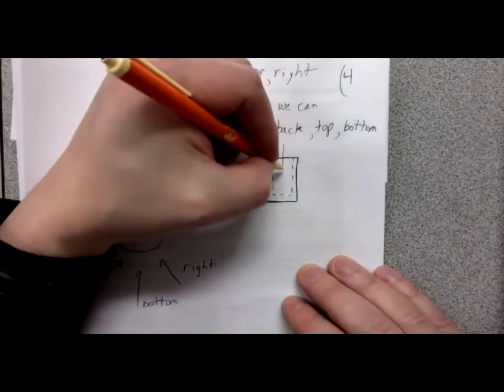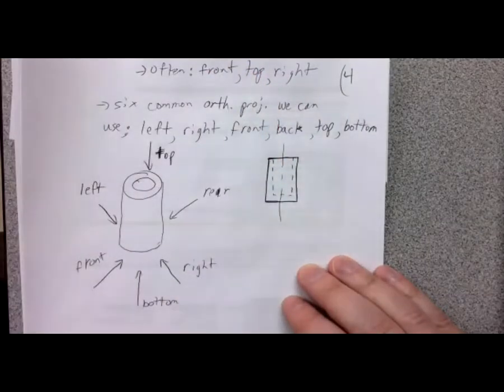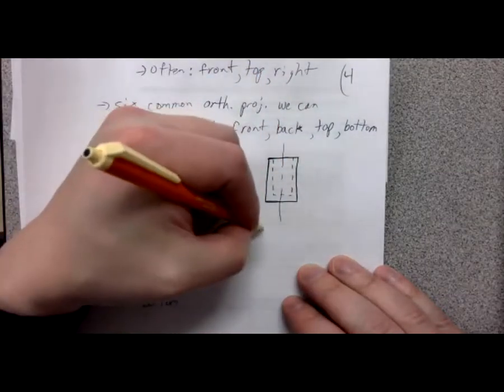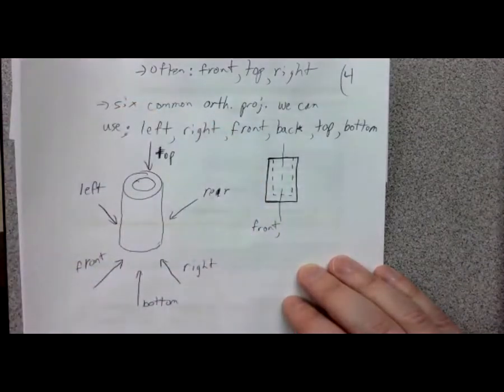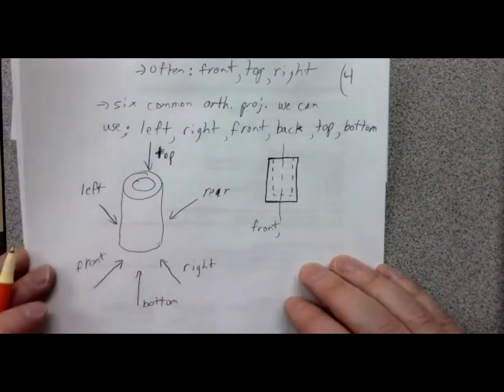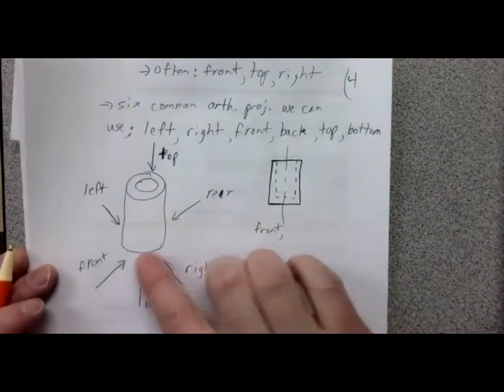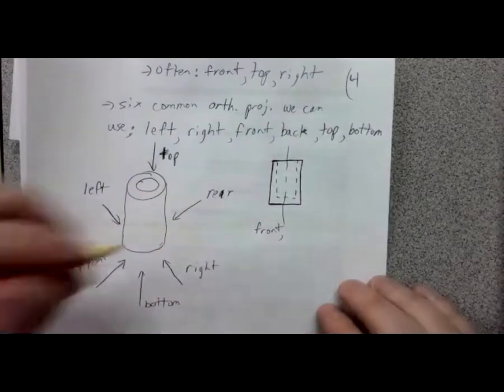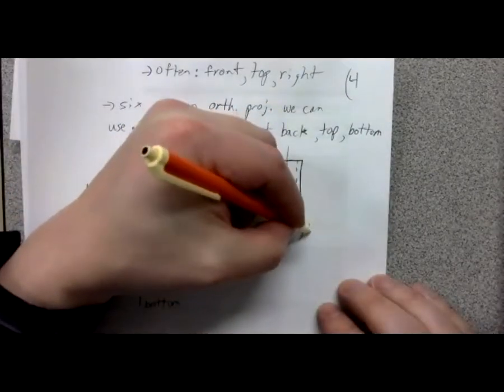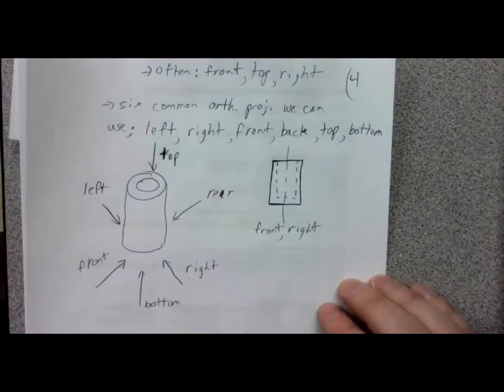Give them symmetry if you like. This would be the front, looking this way. You would also see the same thing if you got down eye level with this thing and looked at it from this side. So we would see the same thing in the right view.